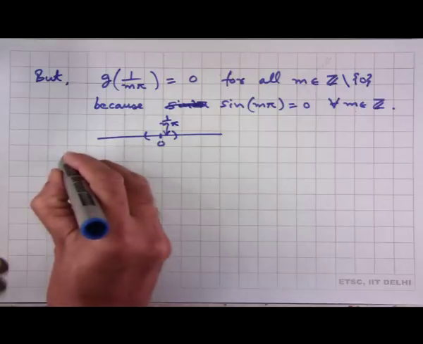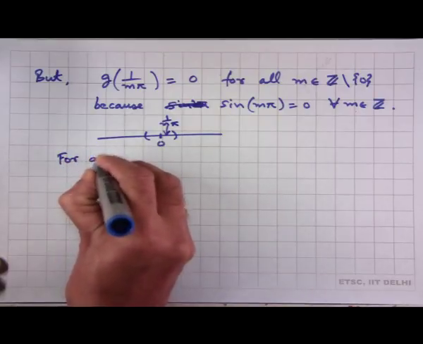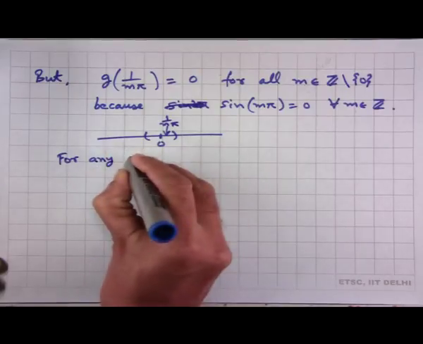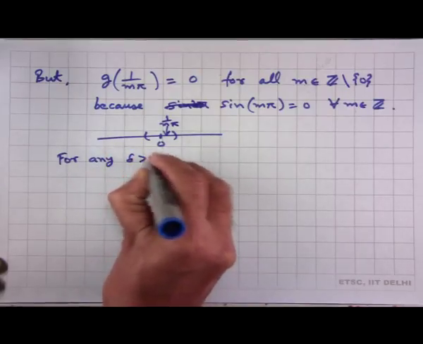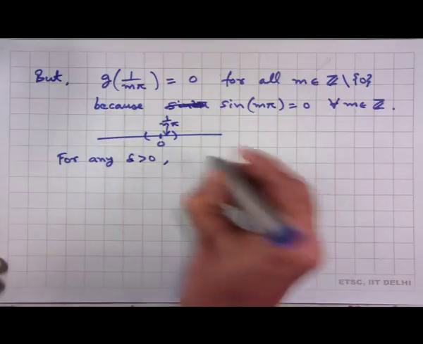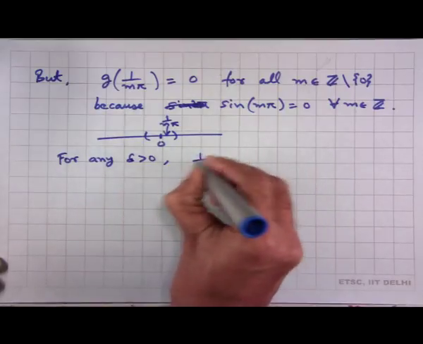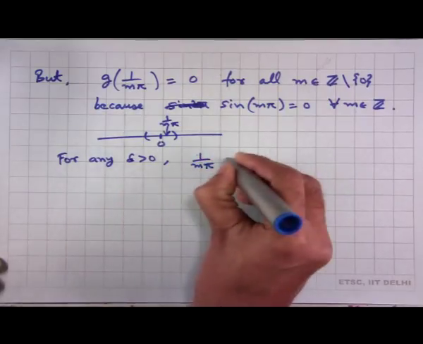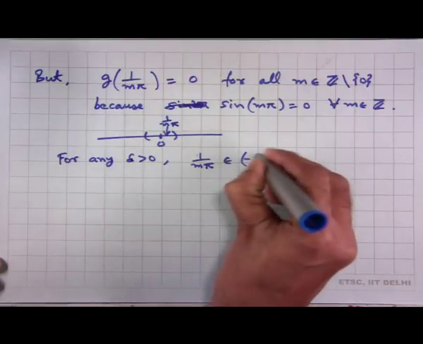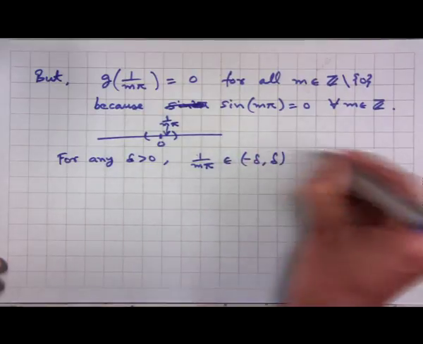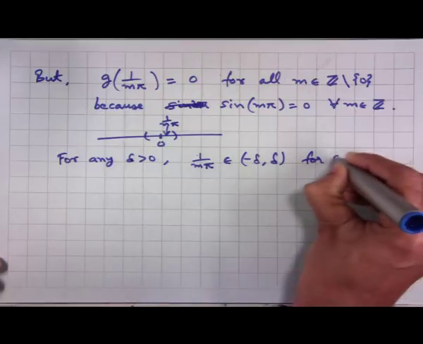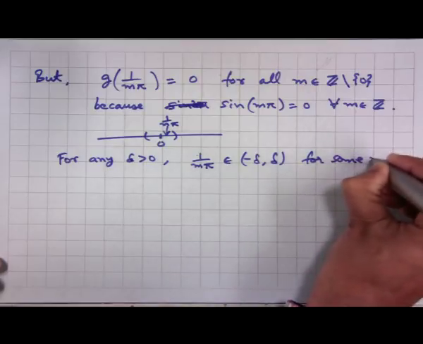So, for any delta greater than 0, 1 by m pi belongs to minus delta, delta for some m in integers.